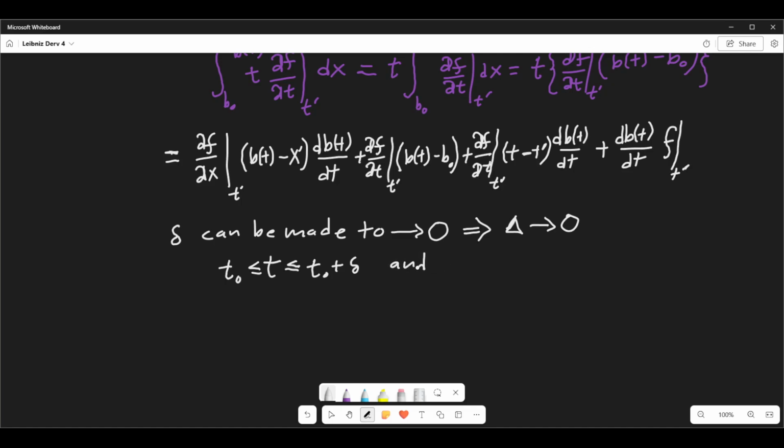And for x, there's a similar equation. There's b naught, so x is going to be greater than or equal to b naught, and it's going to be less than or equal to b naught plus big delta. And of course, x equals b of t. So by definition, here x is on the boundary.